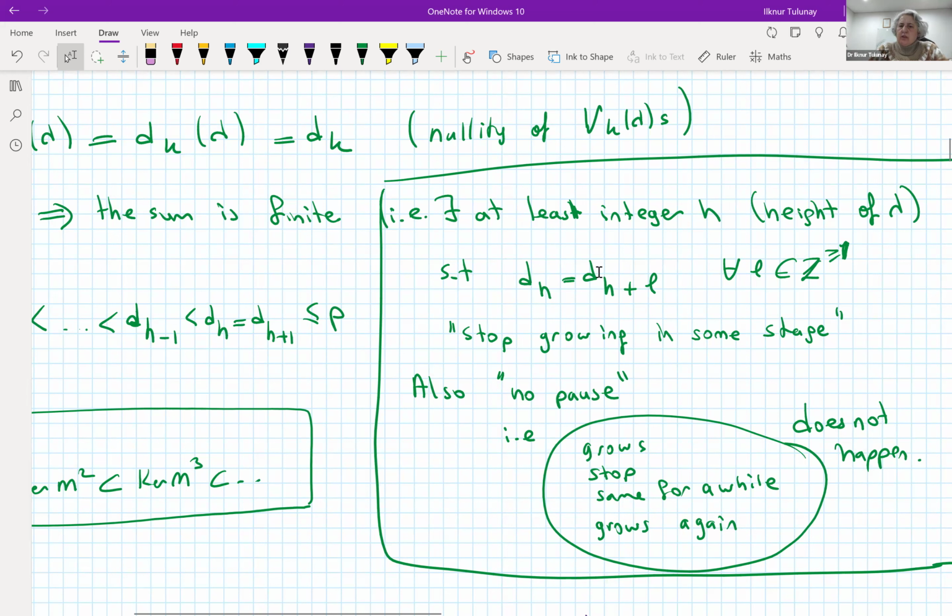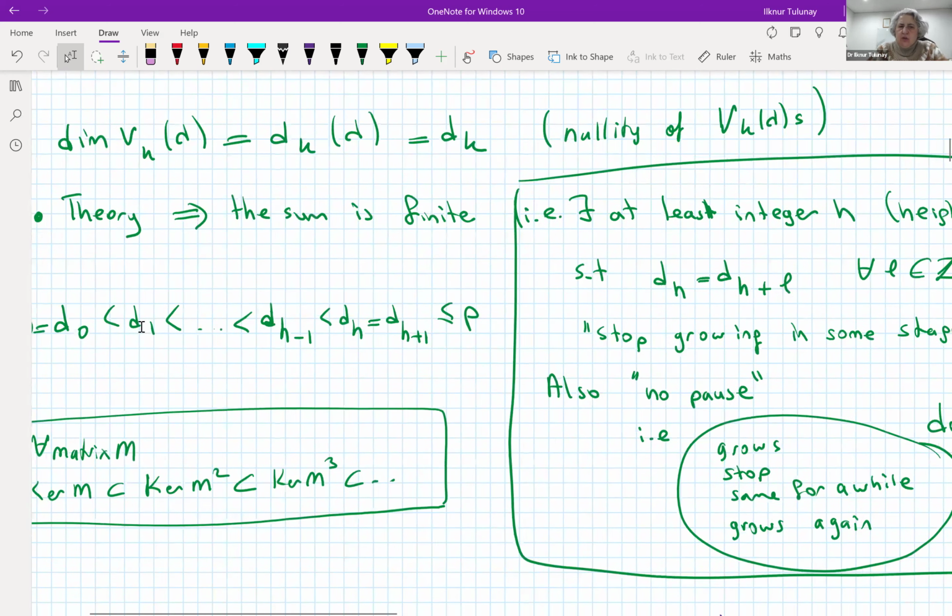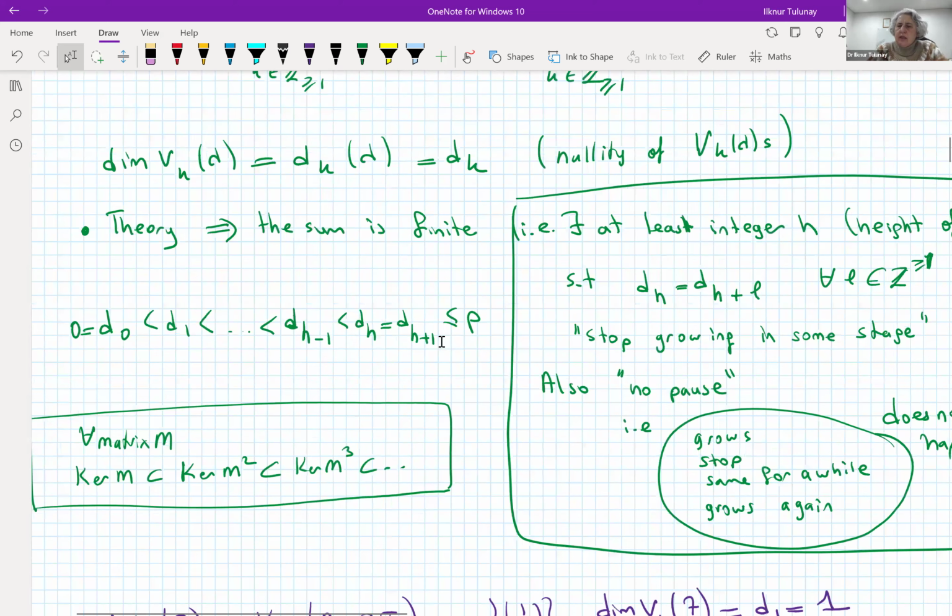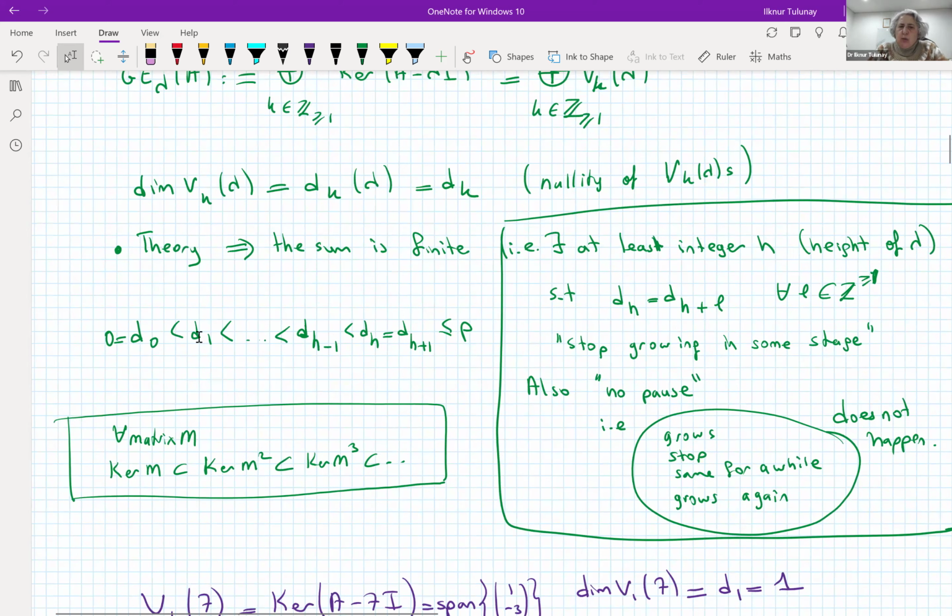So the dimensions of these spaces, the d_K, are really important. One of the things that the d_K satisfy is that they are always increasing, and there is no pause in them.